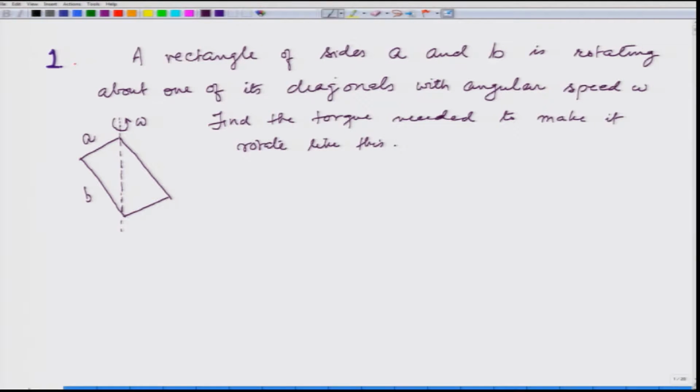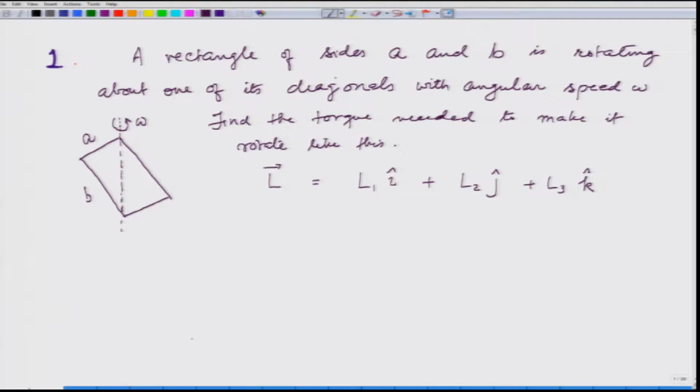Now, this is rotating about a diagonal. So, it is not rotating about one of the principal axes. So, if I were to calculate L, the angular momentum, this has component L1 along the principal axis 1, L2 along the principal axis 2 plus L3 along principal axis 3.